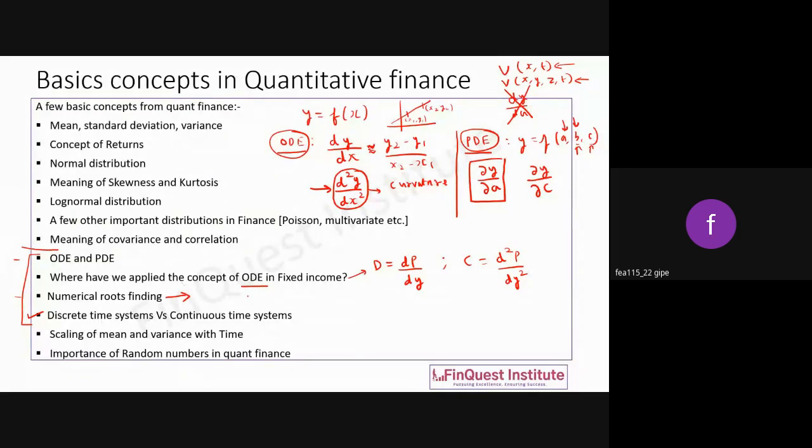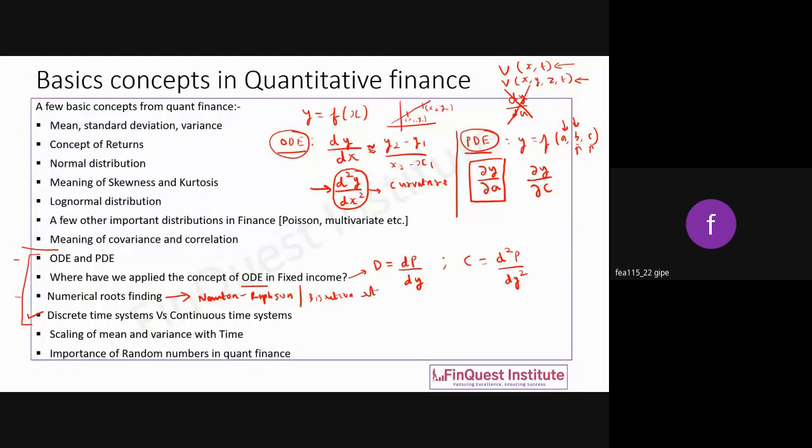Okay. Have you heard concepts like, let's say, the Newton-Raphson technique? No, sir. Okay, so I'll generally give you an idea. There is Newton-Raphson, there is bisection, etc.